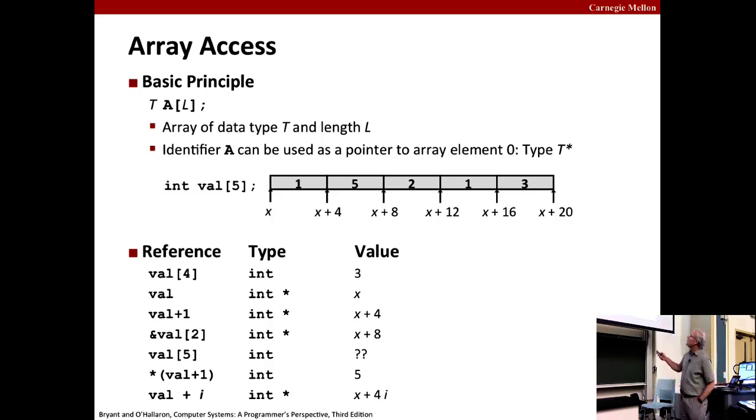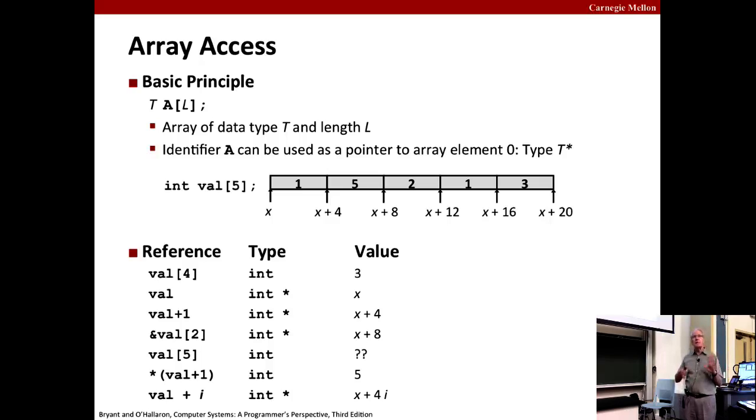So in general then, if you imagine array A has some underlying type T, what the elements of the array are, and some number of elements in that array in the declaration, L, then that declaration actually does two things. One is it allocates enough bytes of storage to hold the entire array. And the second, from a programming language perspective, the identifier of the array A can in some ways be treated like a pointer, that you can do pointer arithmetic off of it.